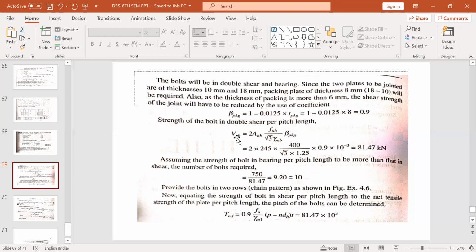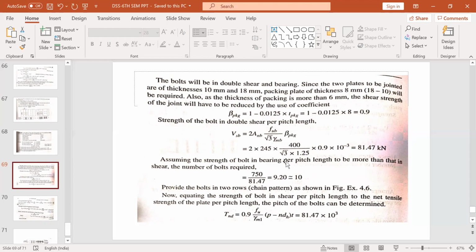So what will be the double shear strength? 2 n_b A_nb f_ub by root 3 gamma mb. Everything will be same except you have to introduce this reduction factor. So put all these values, you will get this value as 81.47 kilonewton. Now, assuming the strength of the bolt in bearing per pitch length to be more than that in shear, you do not know the bearing strength.